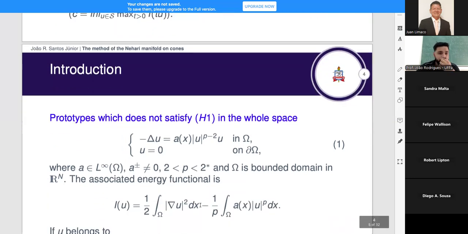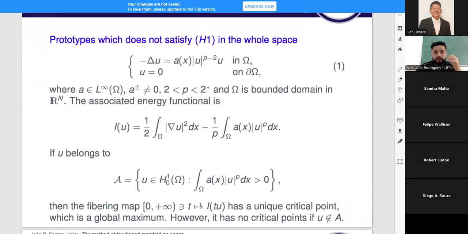Okay, but I would like to show you some very simple prototypes of partial differential equations in which the hypothesis (H1), as considered in the paper of Szulkin and Weth, is not satisfied.